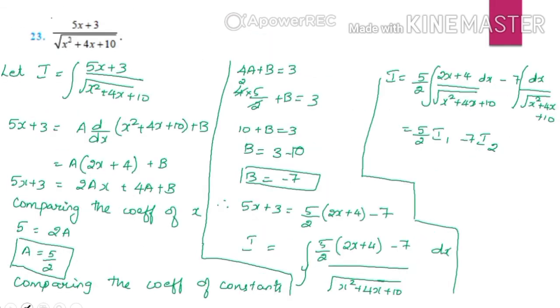Now we have to substitute in I. Let us move to the previous slide. Here it is: I is equal to 5 by 2 I1 minus 7 I2.